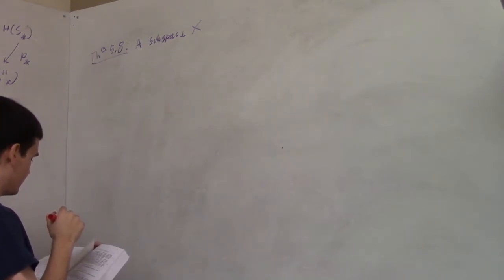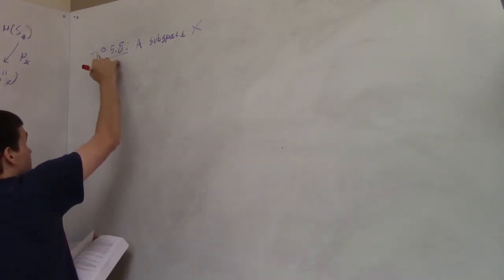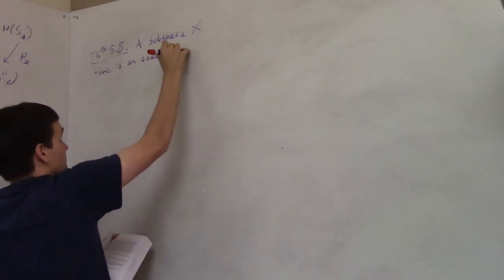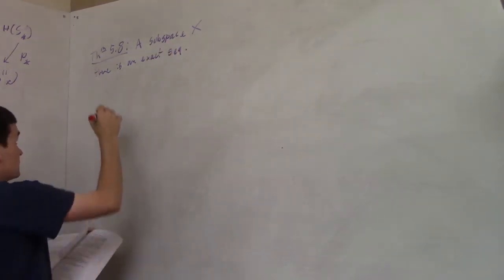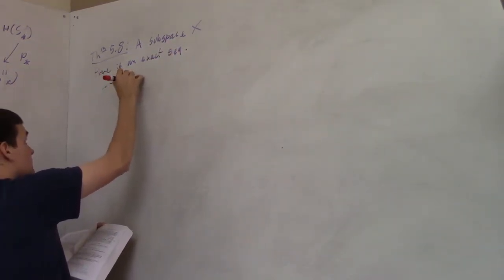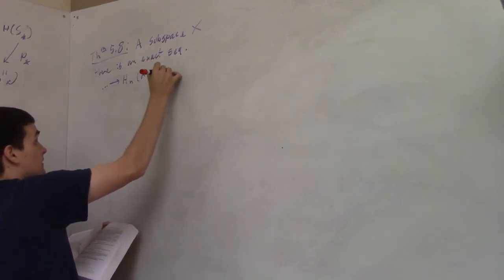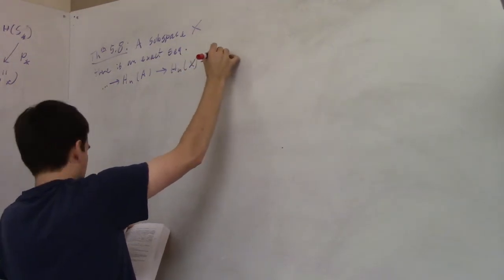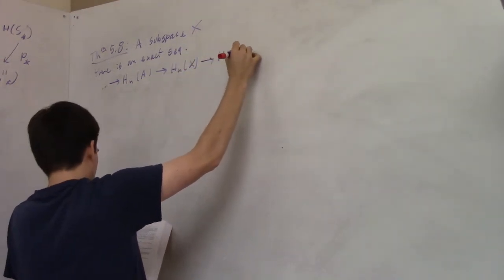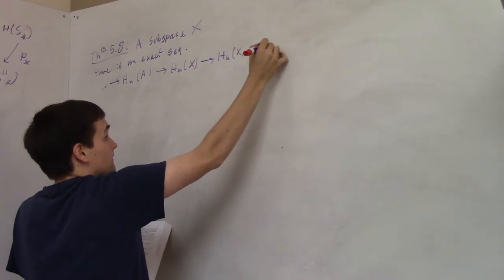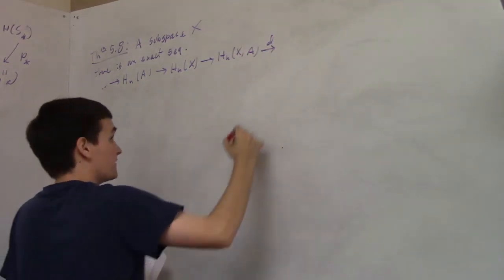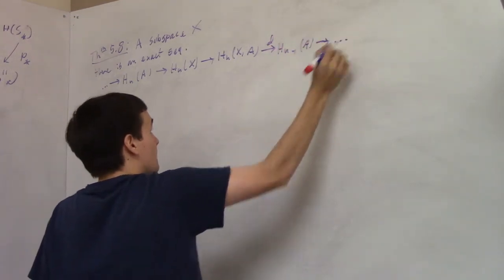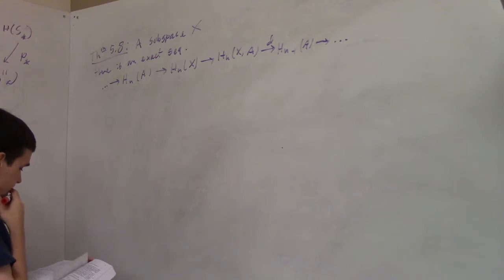Then there's an exact sequence Hn of A, Hn of X, Hn of X, A, and then from the connecting homomorphism, Hn minus 1 of A, and so on.